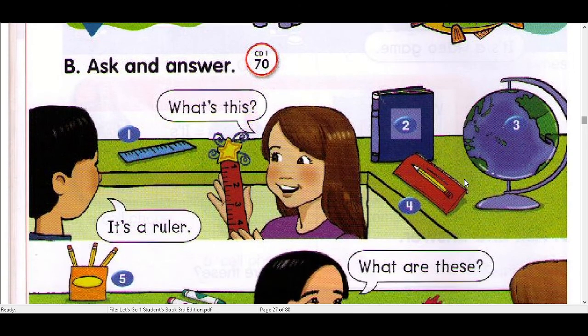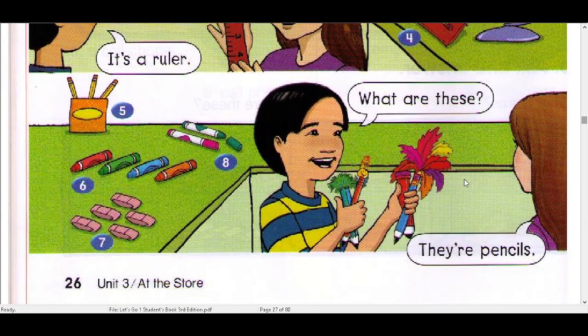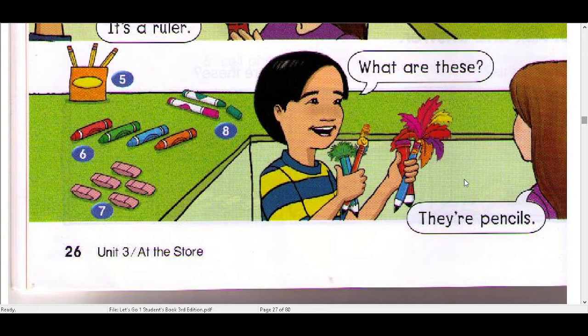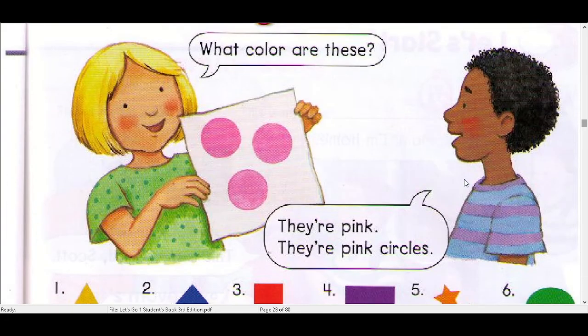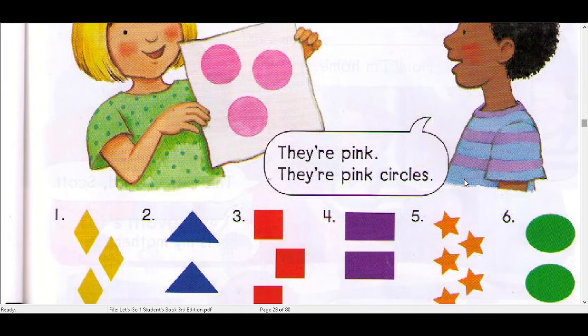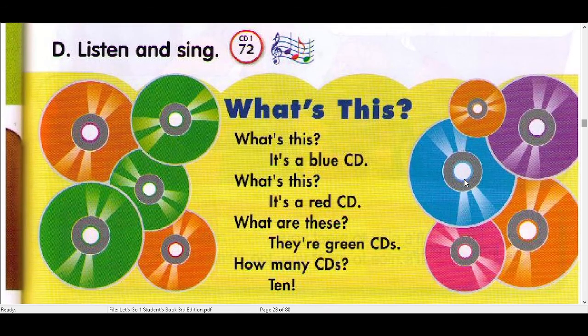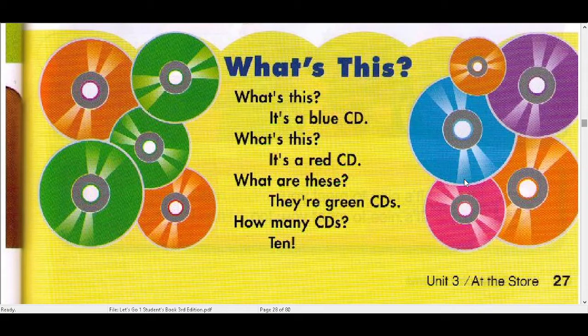It's a ruler. What are these? They're pencils. Tracks Pink. They're pink circles. Track 72. D. Listen and sing. What's this? What's this? It's a blue CD. What's this? It's a red CD. What are these? They're green CDs. How many CDs? 10.